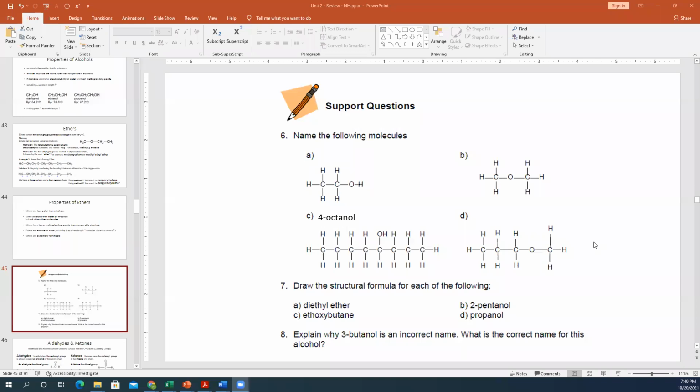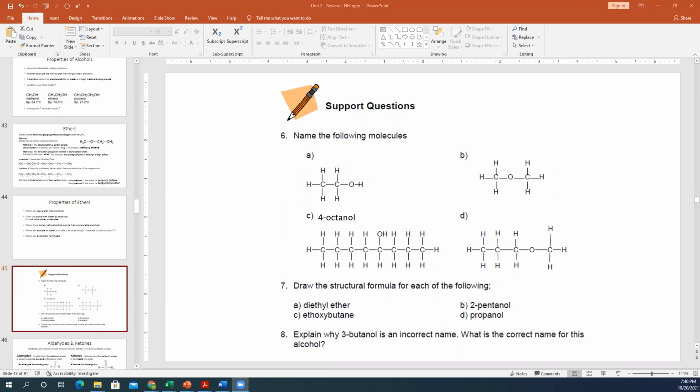So we were talking about this one, and there are two names that you can use to name ethers. You can either name the longest one as the oxy, so 1, 2, 3, prop, oxy. So methyl propoxy would be one way of naming it.